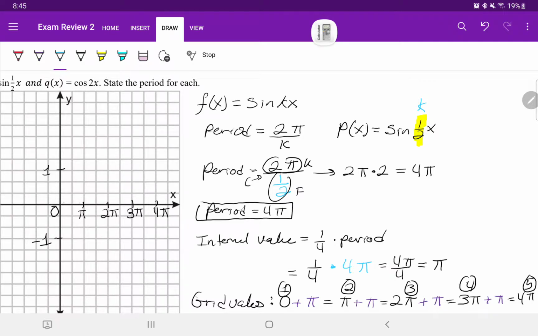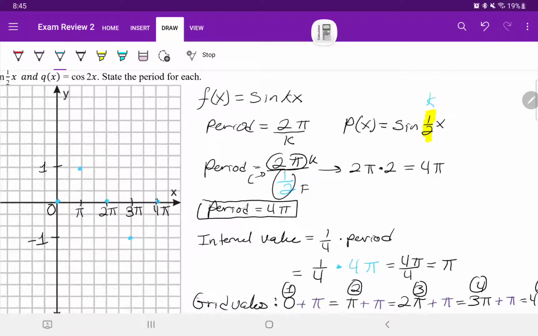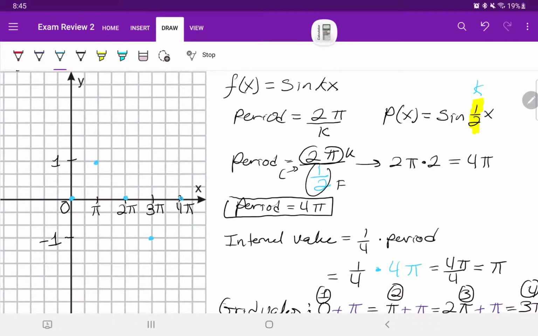Remember the pattern. It is 0, max, 0, min, 0. Say it with me for sine: 0, max, 0, min, 0. And this right here is P of x equals sine of 1/2 x.